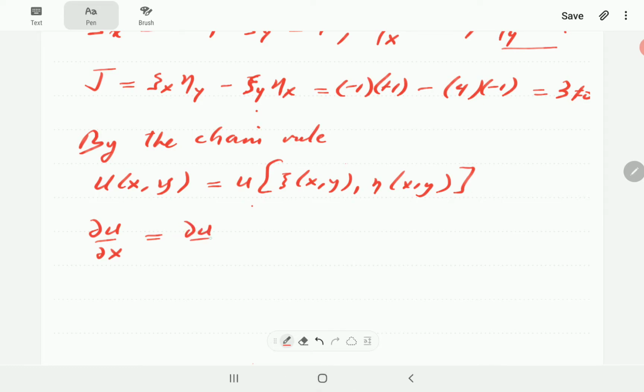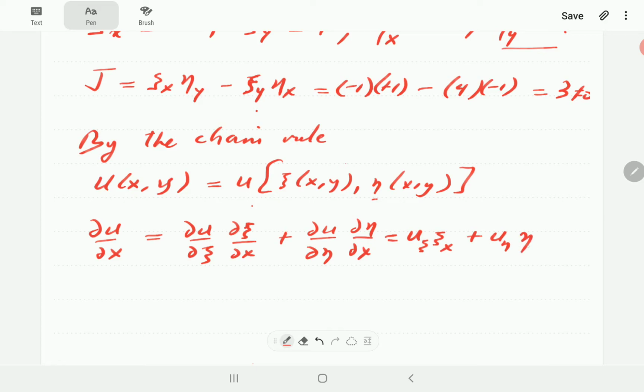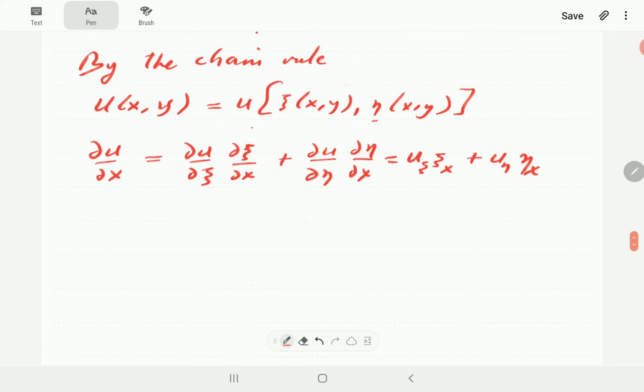So we need to differentiate u first with respect to xi and then xi with respect to x. Then because there is a second variable, we do u eta and then eta x. In subscript notation, that is u xi xi x plus u eta eta x.